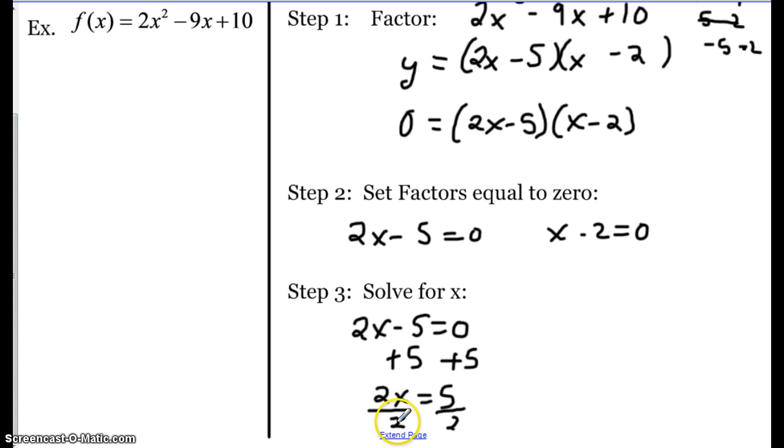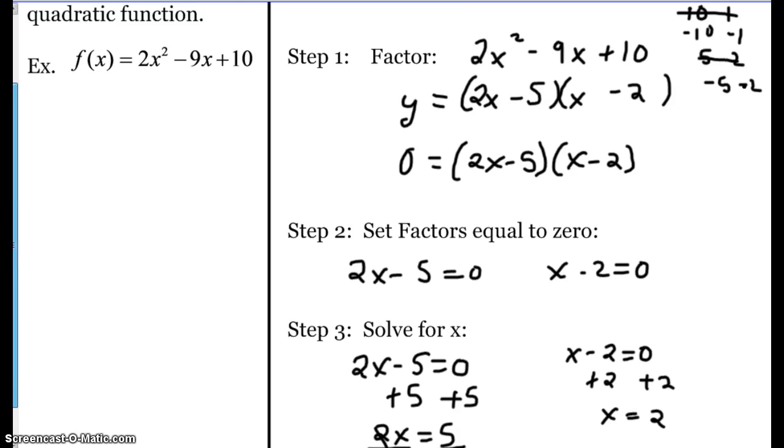So that would cancel these 2's, and x would be equal to 5/2 or 2.5, depending on how you'd like to look at it. Our second factor is pretty simple. All we have to do to solve for x is add 2 to both sides, and our x would be 2. So our two zeros in this case are 2 and 2.5.